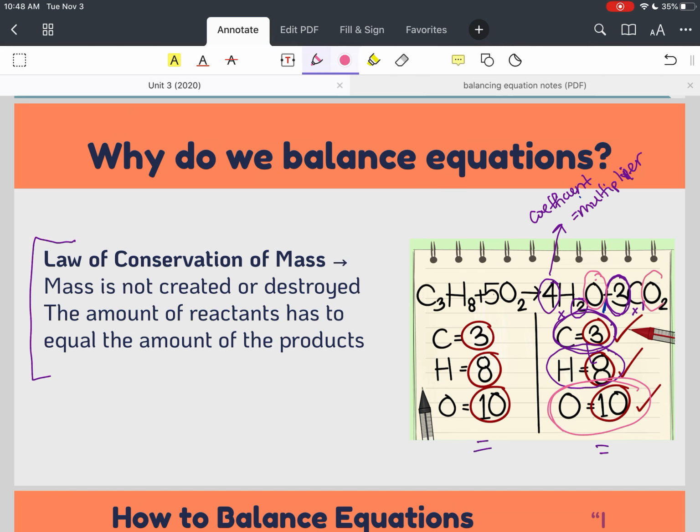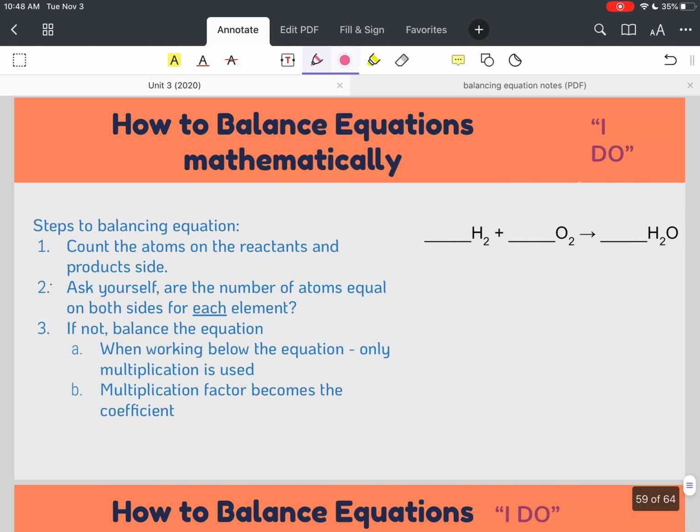I have oxygen here and I have oxygen here. So once I figure out how many are in each molecule, I add it together to get my total. So just be careful. Sometimes you'll have multiple things. Make sure this is your total for your entire product side. So you'll add them together.